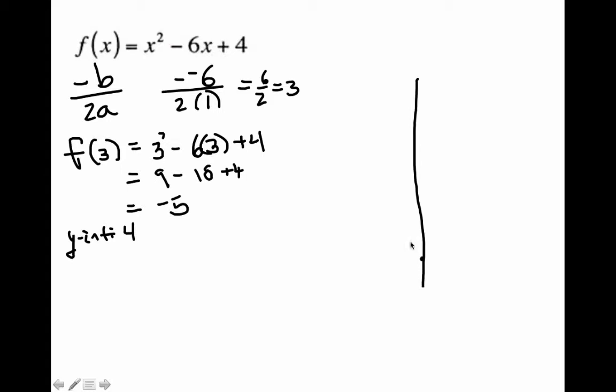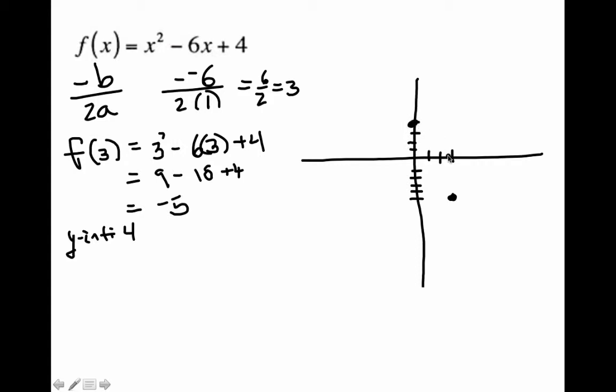To graph this function, I would go to the vertex, which is at 3, negative 5. Over 1, 2, 3, and down 1, 2, 3, 4, 5, and that's right there. I would graph the y-intercept of 4, 1, 2, 3, 4, right there.